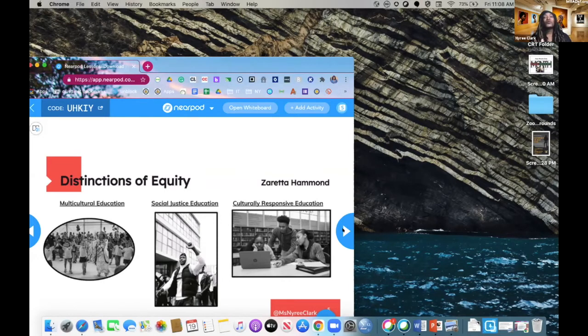When we look at social justice education, that's all about centering in anti-racist work, also on advocacy, on social awareness. So when you're looking at social justice, you're looking at that avenue. That's the area that you are focused on.